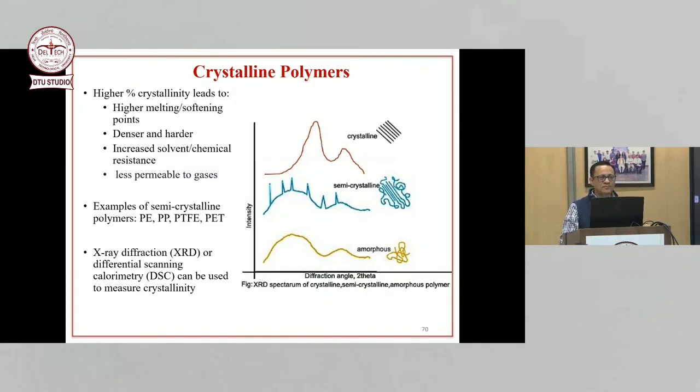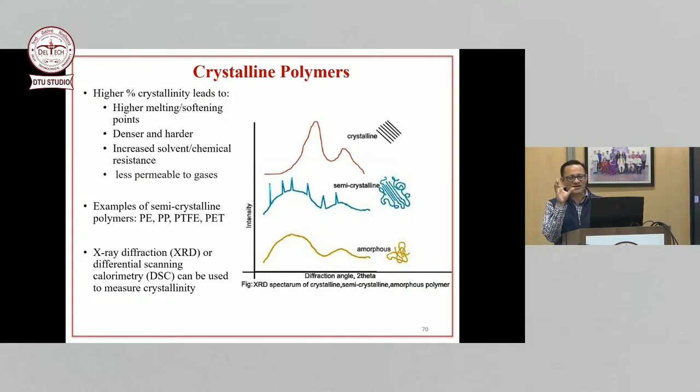And you can also imagine as the crystallinity increases, there is more structure, there is more strength. You need a higher melting point, right? Denser material. If you have more crystalline components, it's a denser material. And increased solvent and chemical resistance.